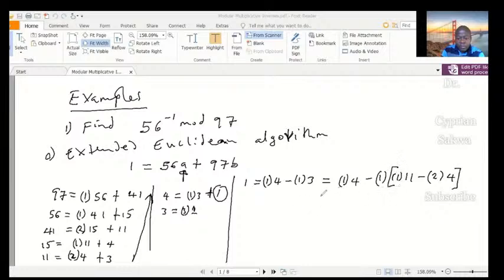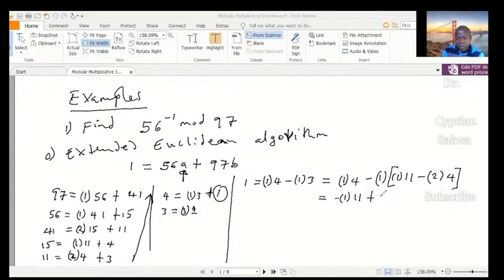So what does this give us? Collect like terms. I have negative 1 multiplied by 11. So I'm just multiplying this negative 1 inside. Negative 1 multiplied by 11. Then negative 1 multiplied by negative 2 will be positive 2 multiplied by 4, plus 1 multiplied by 4.